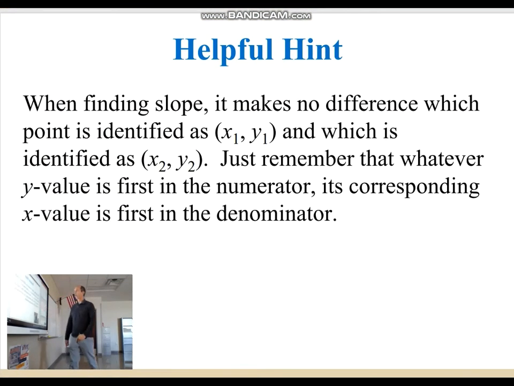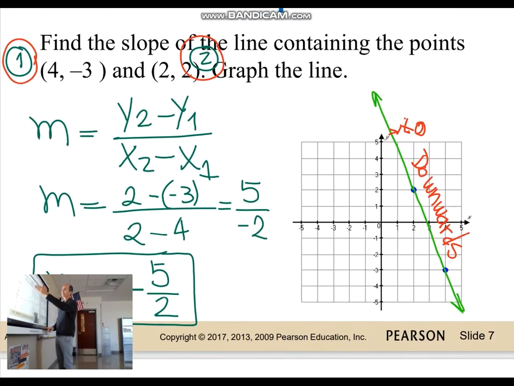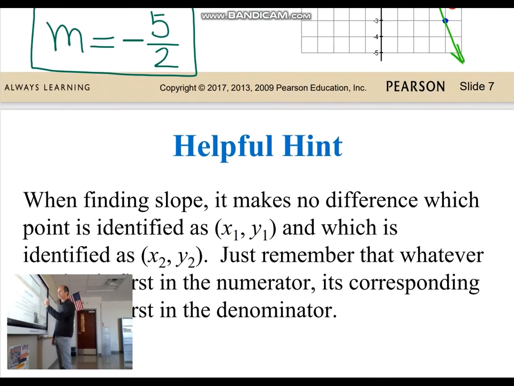Just remember that whatever y value is first in the numerator, its corresponding x value is first in the denominator. You just have to be coherent. You just have to adopt one as point number 1 and the other one as point number 2, and keep using the same all over your solution.